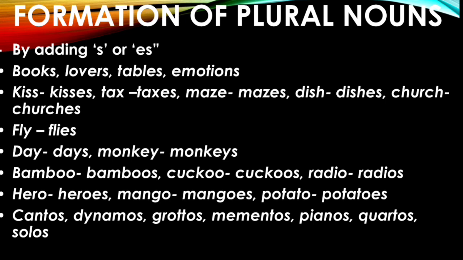Okay, when the singular noun ends in O preceded by a vowel, the plural is formed by adding only S to it. But if it is preceded by a consonant, ES is added to it. Bamboo, and we can see mango. Mango is changed into mangoes.